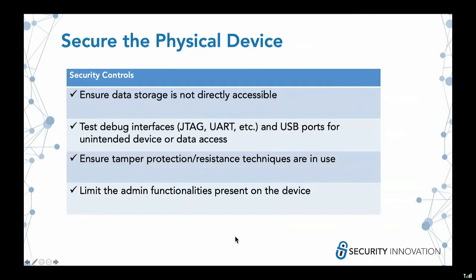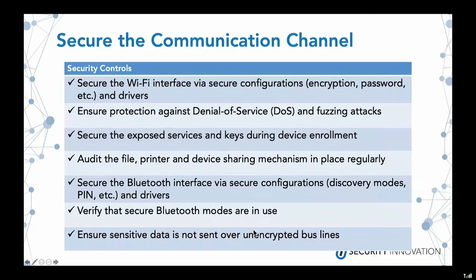Next is the physical device. We've talked about this quite a bit, but ensuring anti-tamper, whether it's disabling ports or limiting functionalities for devices that are not on premises or within control of known trusted personnel. And then 4 out of 5 is securing the communication channel.